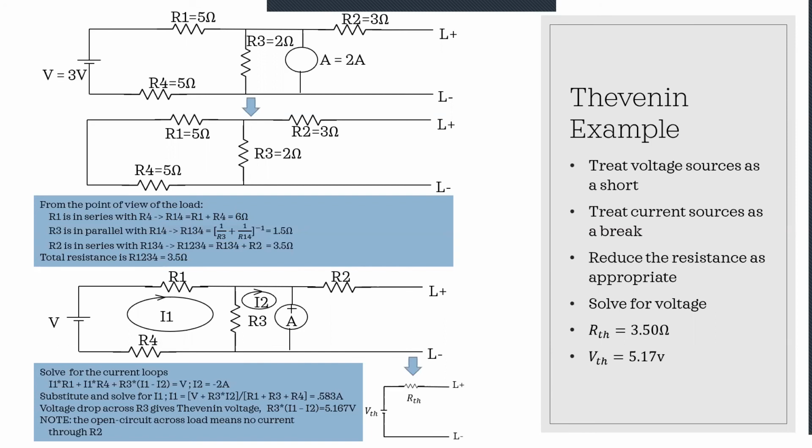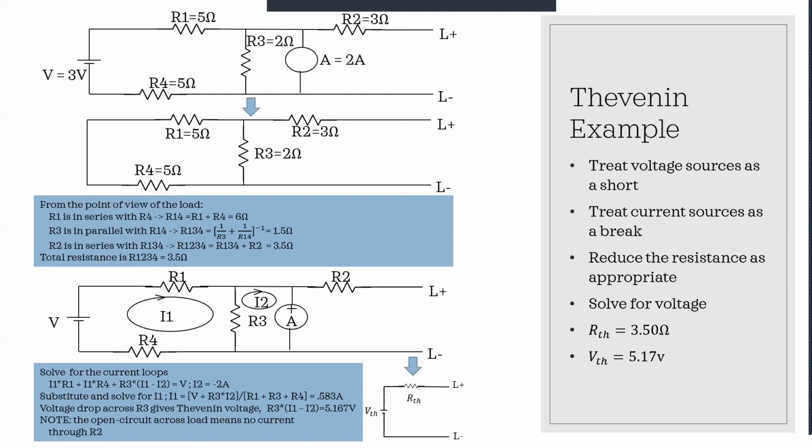So we know that I2 is 2 amps because we have a 2 amp source there. So we just need to solve for current loop 1. So we're going to use substitution in our system of equations, and we'll solve it and see that I1 is 0.583 amps. And then the final step is to determine the voltage that the load will see.